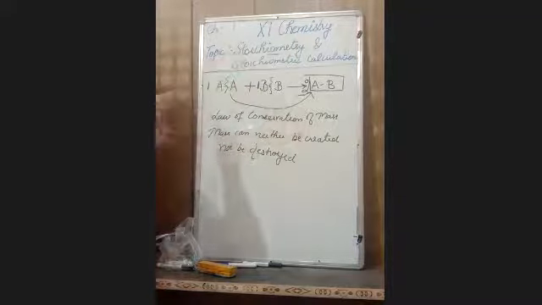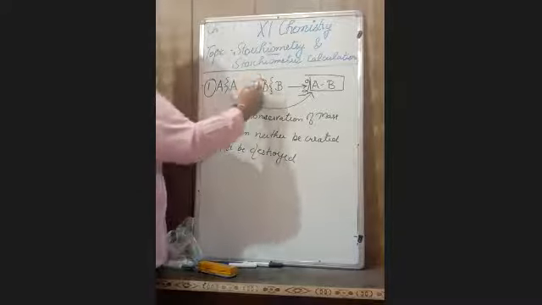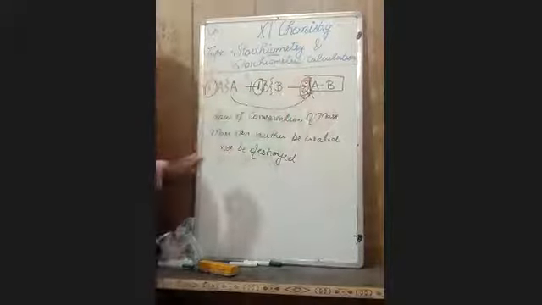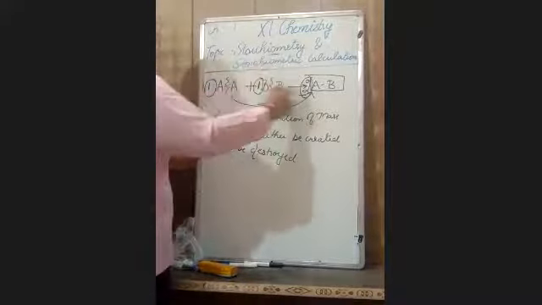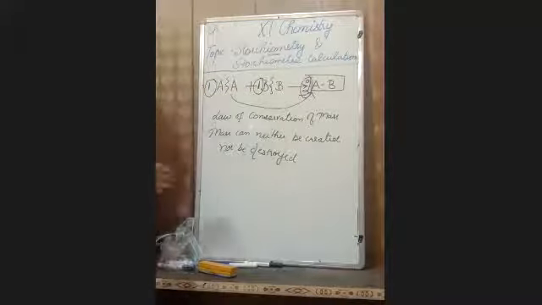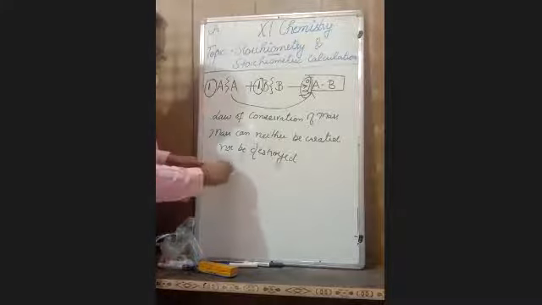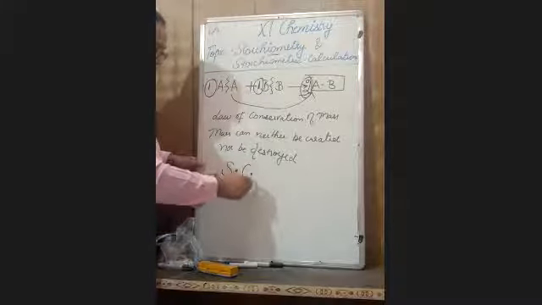And these coefficients, which are used for balancing a chemical reaction, are your stoichiometric coefficients. It is known as stoichiometric coefficients, and we sometimes write it as SC.